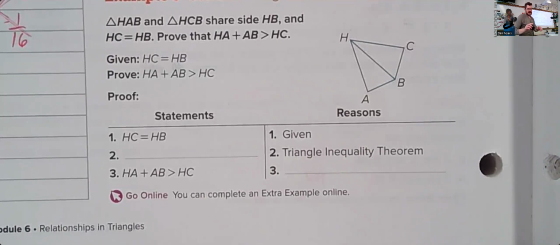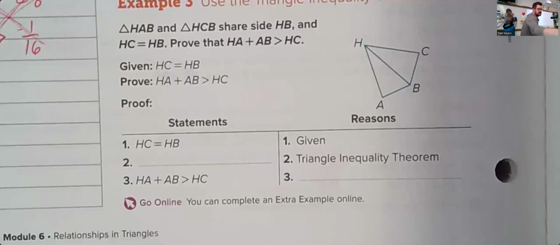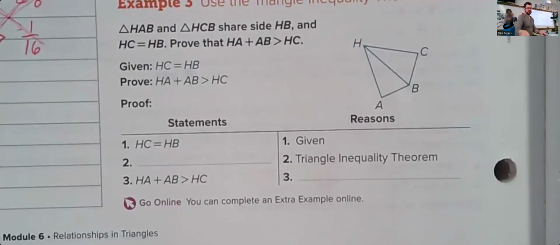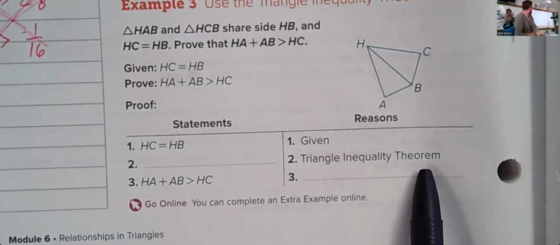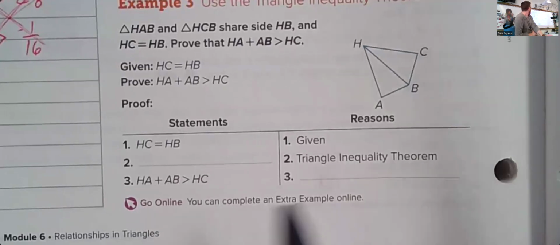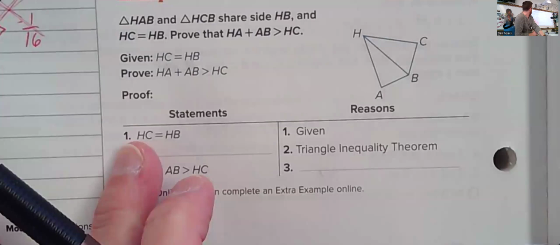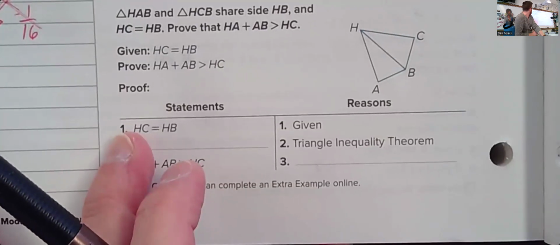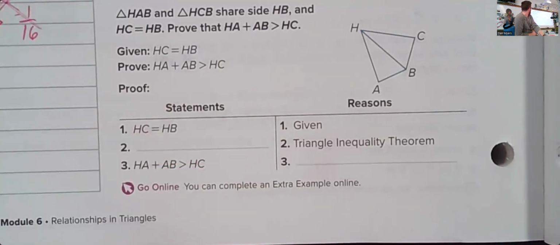Any thoughts as to how we can kind of maneuver ourselves to be able to get from using the triangle inequality theorem? There's a lot of ways that we could use the triangle inequality theorem, first of all. What is in our diagram that we can mark based off of the given?